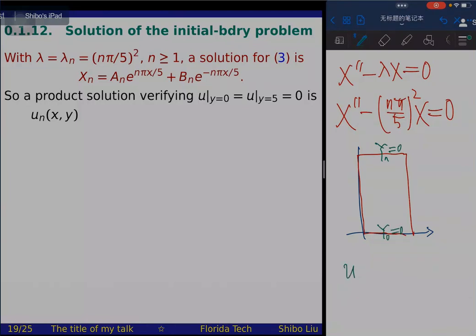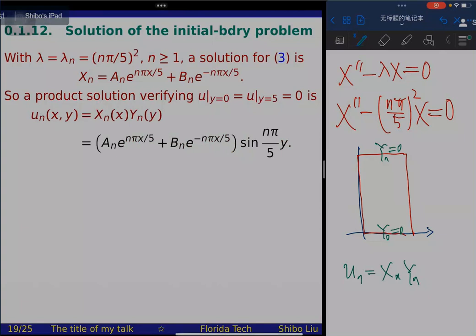So our un equals Xn times Yn. Of course, it's also 0 on the bottom and the top of this rectangle. So this un, the product of Xn and Yn, satisfies the boundary condition on the top and the bottom boundary, and also satisfies the PDE, the Laplace equation. Therefore, this is a solution.